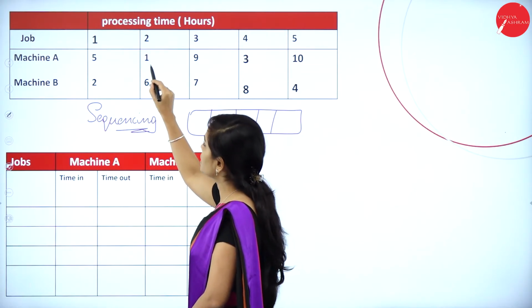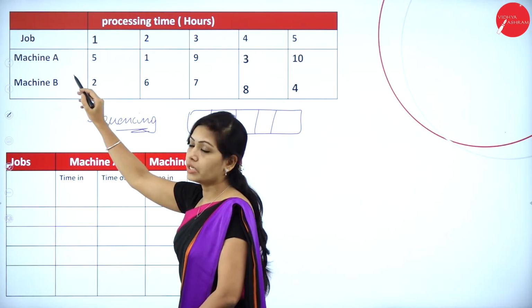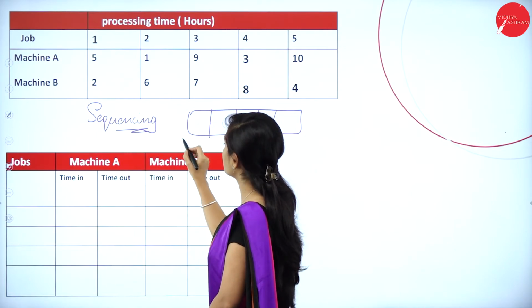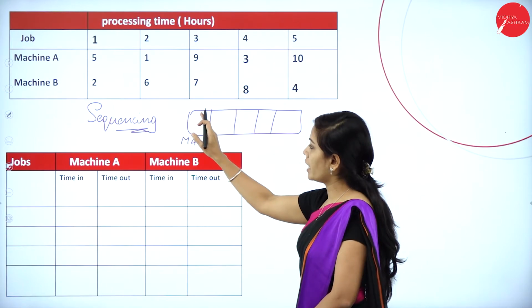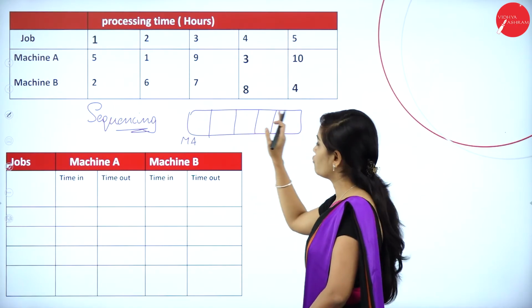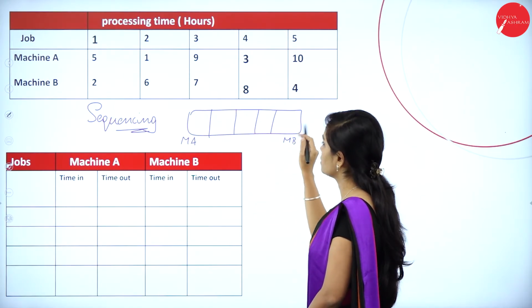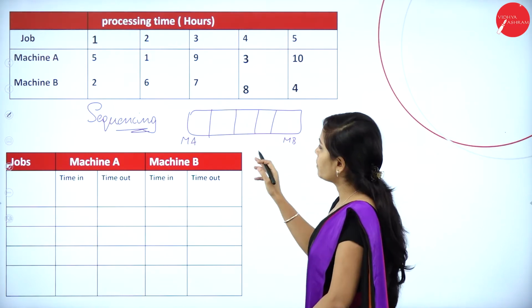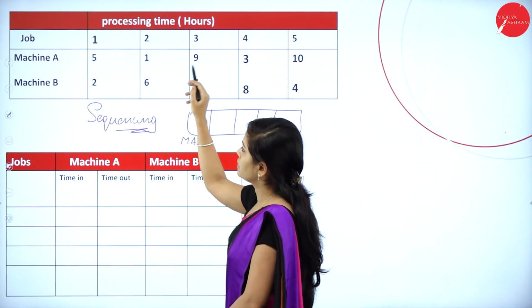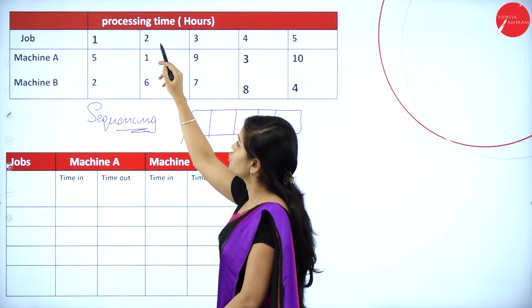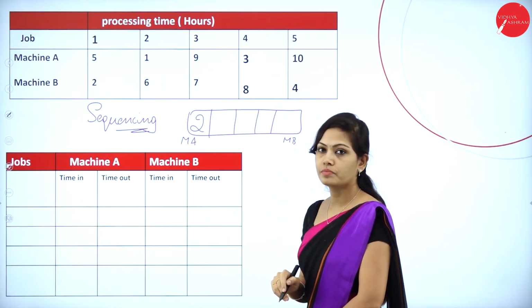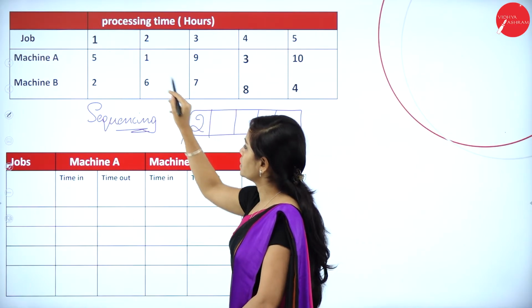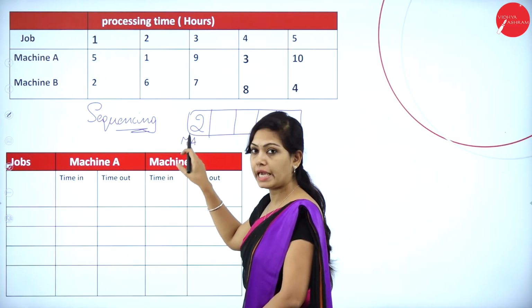It comes under job 2 and machine A. Machine A, I will start from this side. For machine B, I will start from this side. Clear? So here the least value is 1, under job 2, so I will mention job 2.